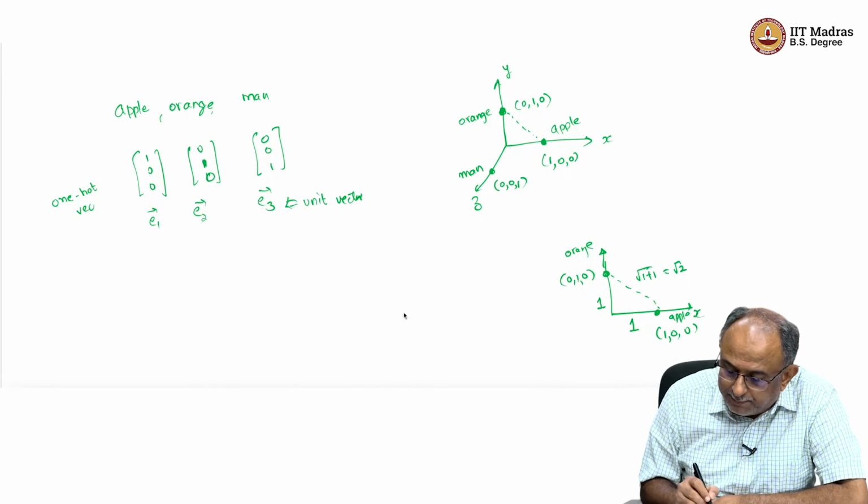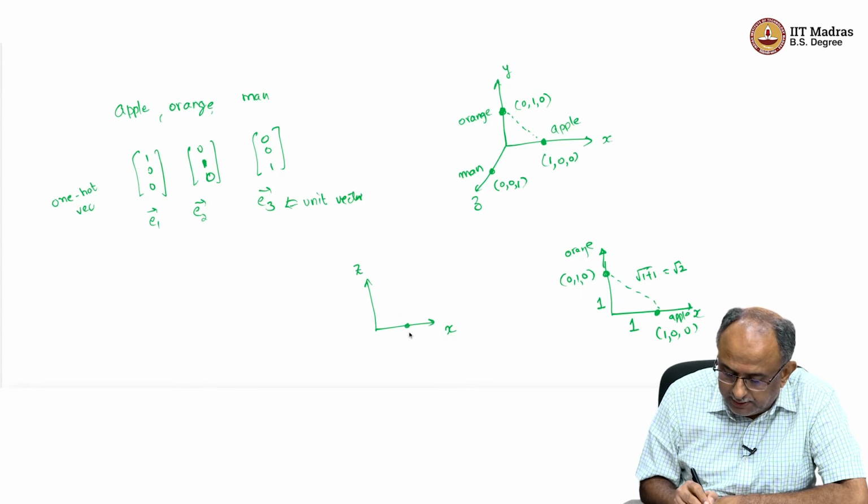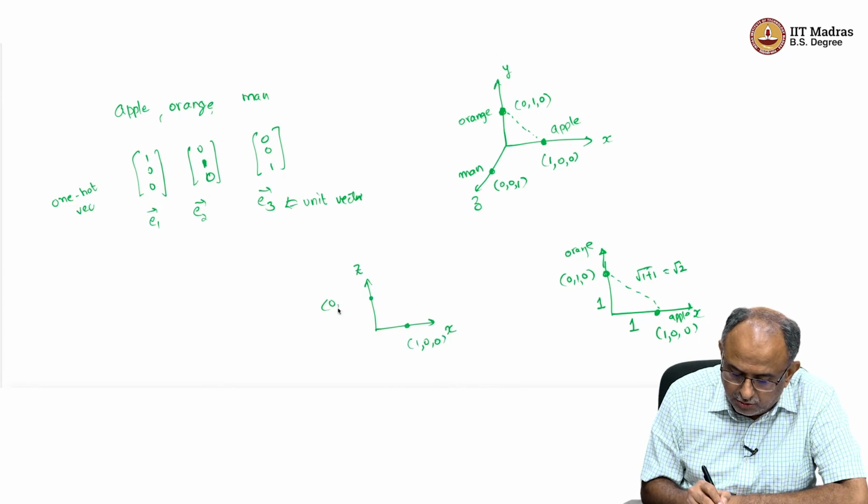If I look at apple and man, this is x and this is z. Apple is 1 0 0, this is 0 0 1. Again, this is a unit vector, this is a unit vector, and the distance is square root of 2.